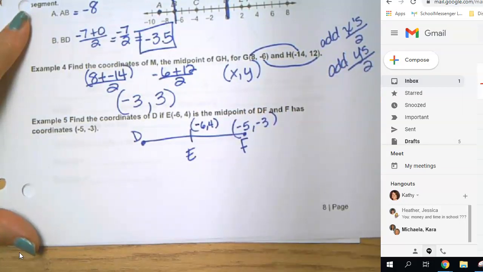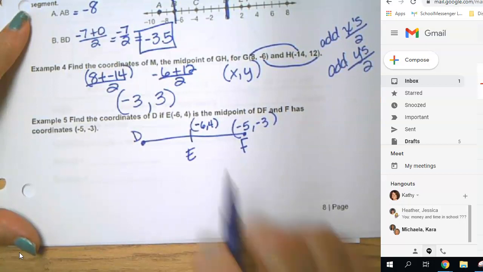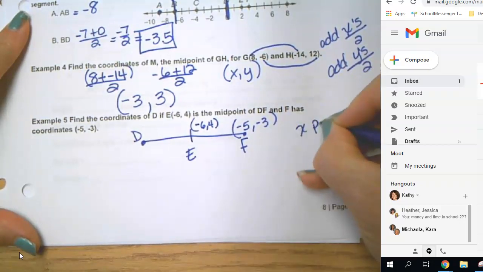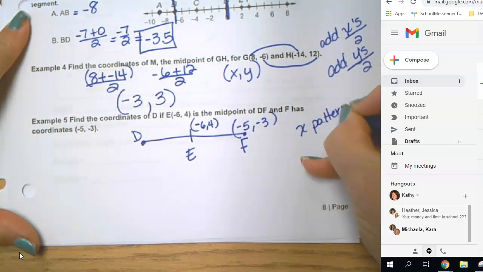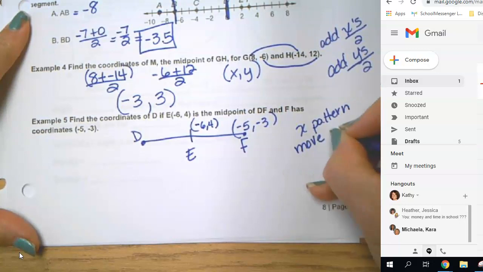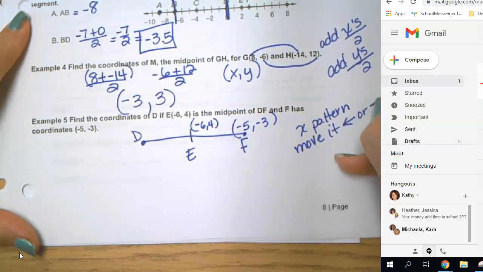So there's a couple ways to do this. I look at my x pattern. So either move it this way or that way, depending on the direction you're going.